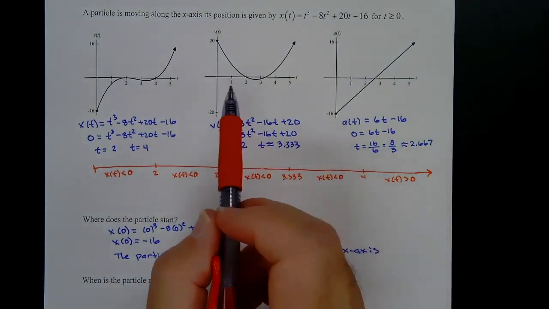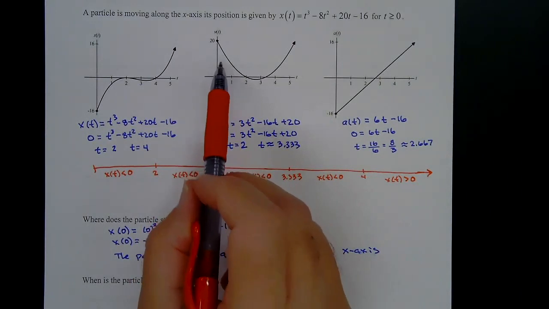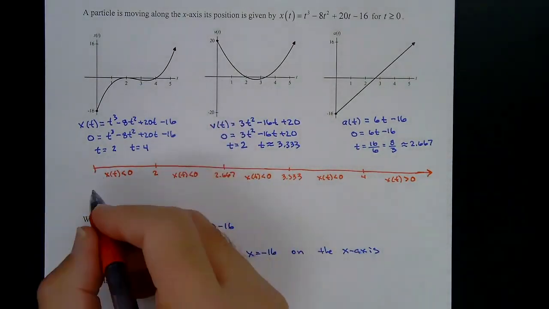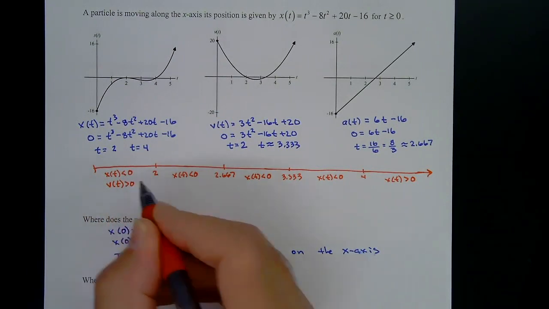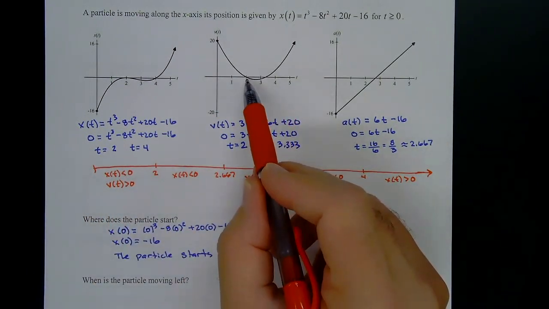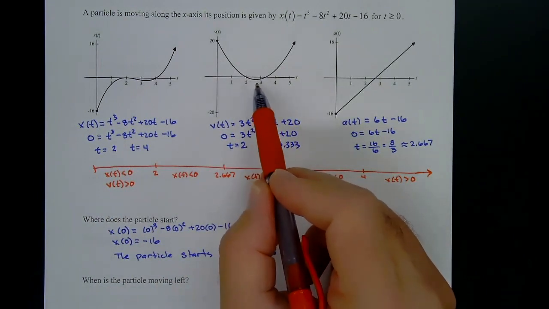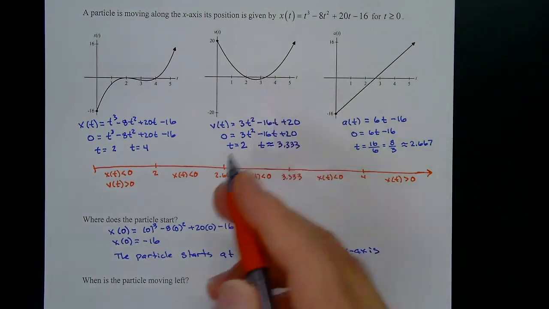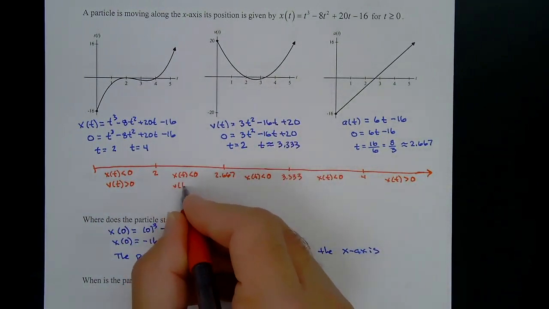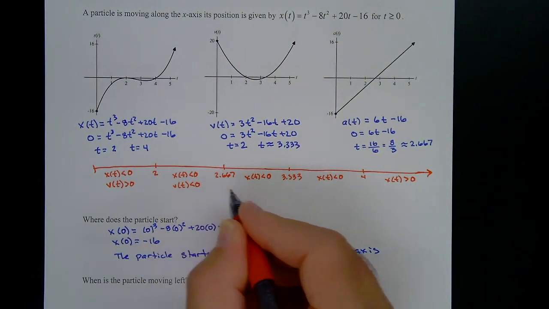Okay, so now let's switch to velocity. So from 0 to 2, the velocity is positive. So v of t is greater than 0. At 2, velocity is 0, so we can't include that. And then from 2 to 3.333, the velocity is negative. So v of t is less than 0.